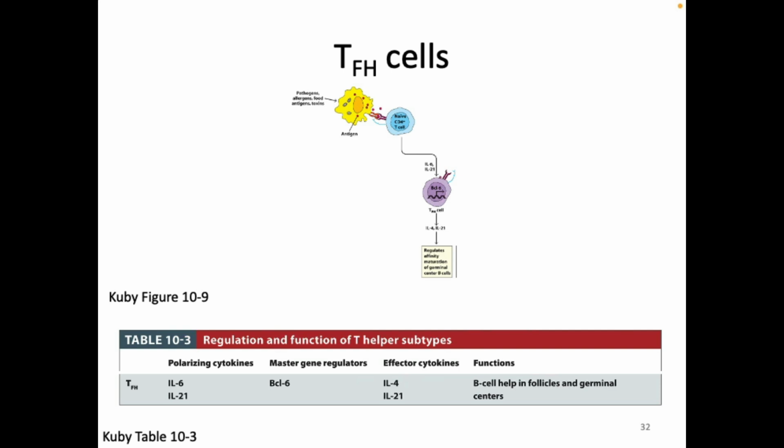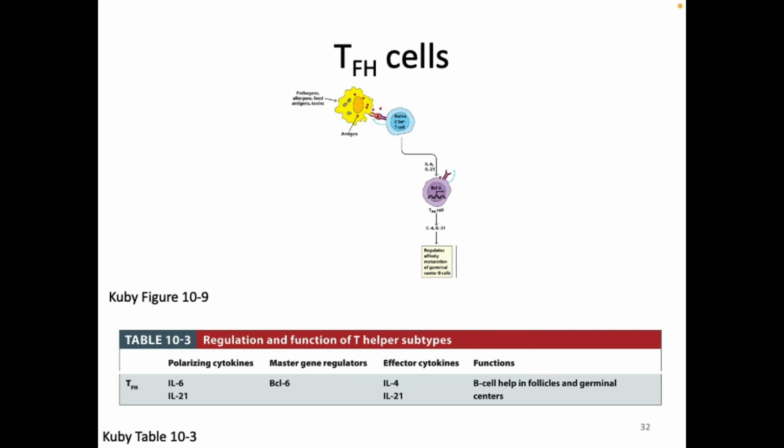So it helps in a specific place called the follicle. It's a follicular helper. And specifically, it helps B cells in the follicle. So T follicular helper cells are really key for helping us make a good B cell response.